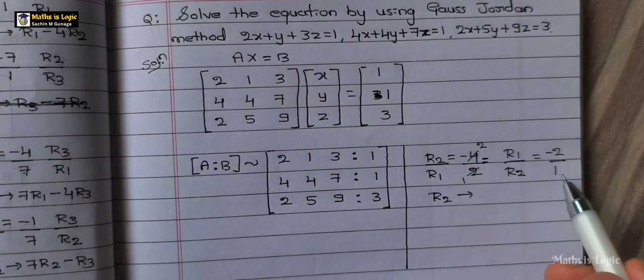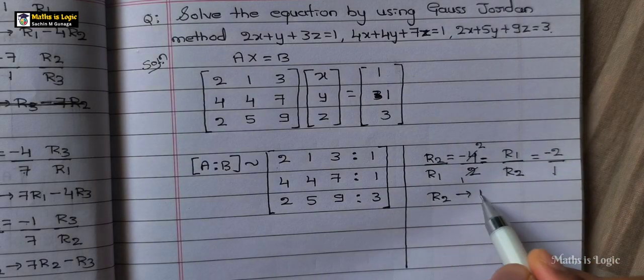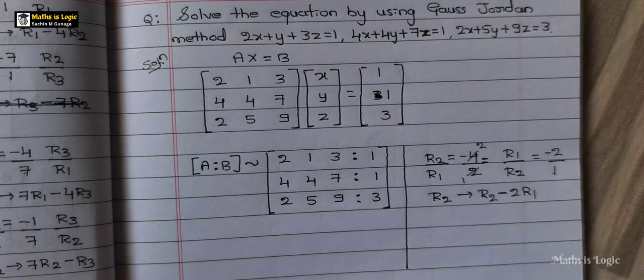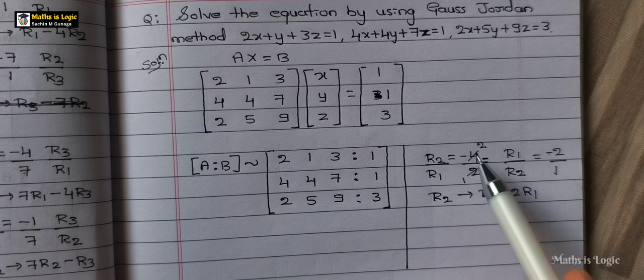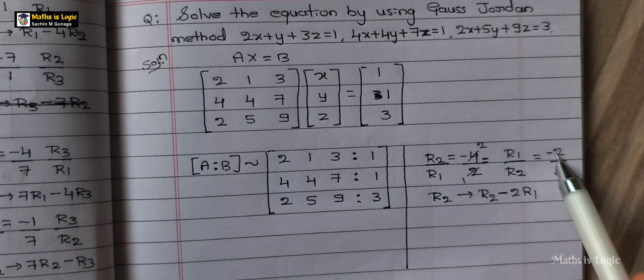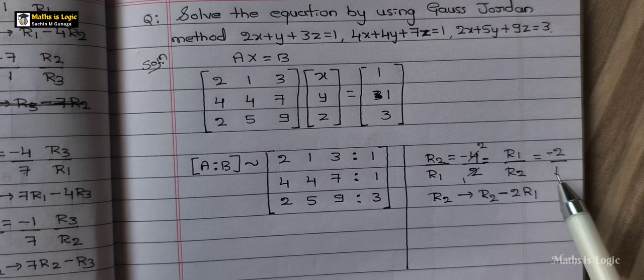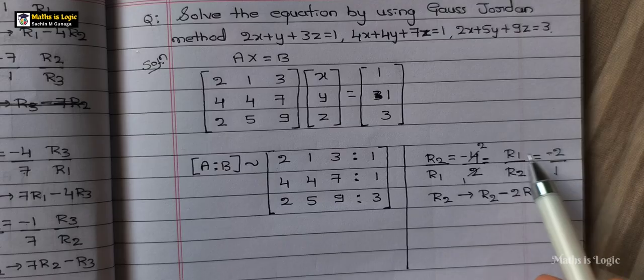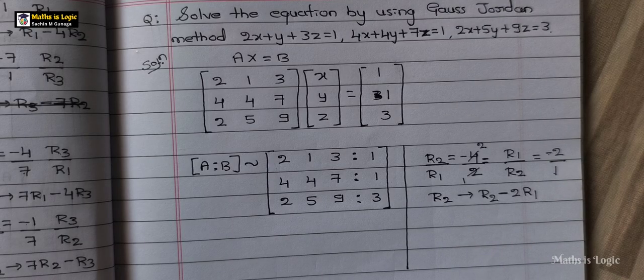Therefore R2 changes to 1 into R2 is R2, minus 2 into R1 is 2R1.